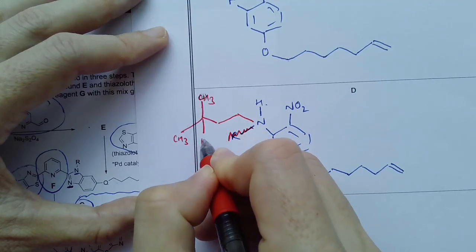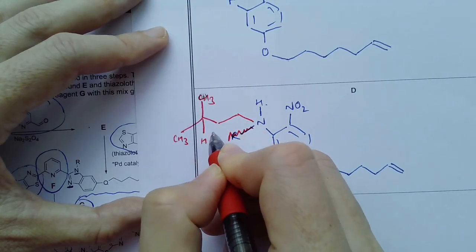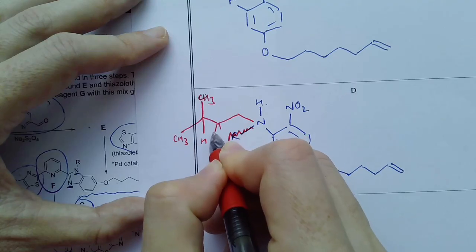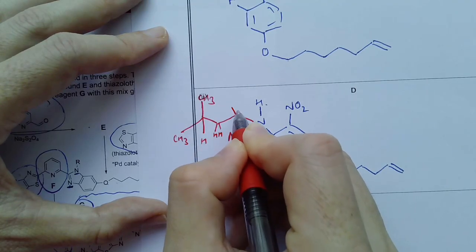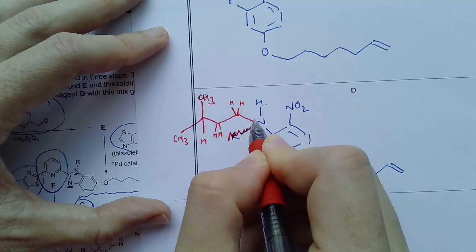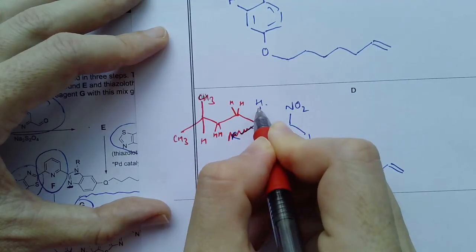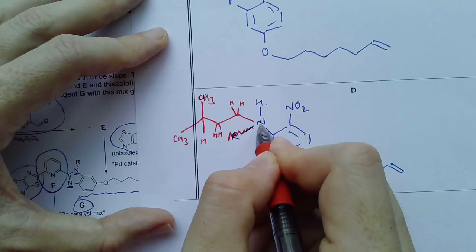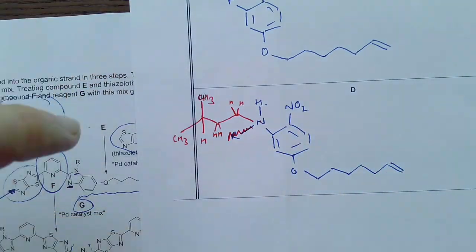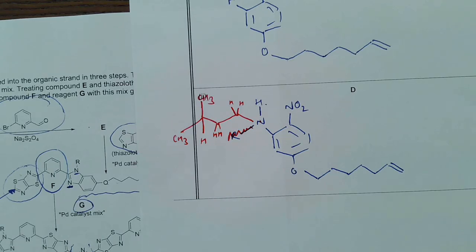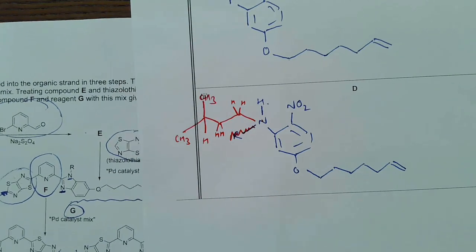This hydrogen gives me my 1 hydrogen multiplet. These 2 hydrogens give me doublet triplet, and these 2 hydrogens give me doublet triplet. Okay, I didn't think that it would be split by this one through the nitrogen, but like I say, I'd have to look it up whether or not that's allowed to happen. But anyway, that's what we get.